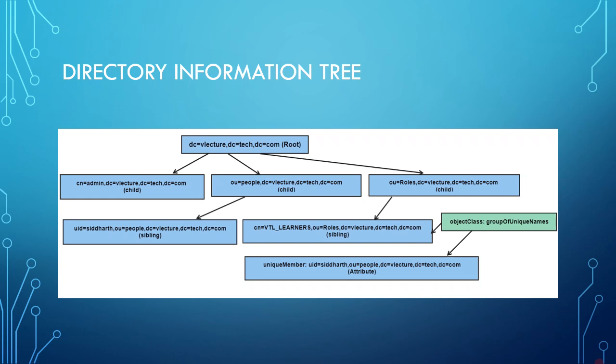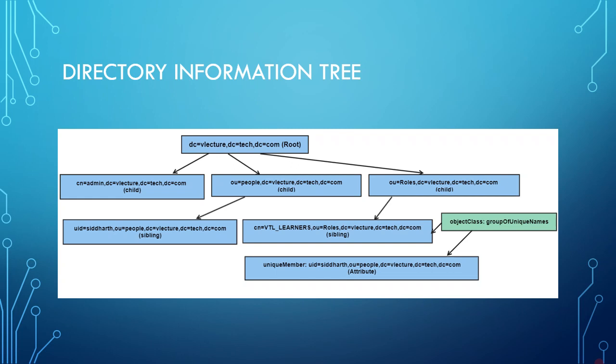Using this bind entry, we will do all the operations like adding users, adding new roles, or associating a new user to the existing roles. All the operations are done using this bind entry, which is uniquely identified by a DN as given in this picture.